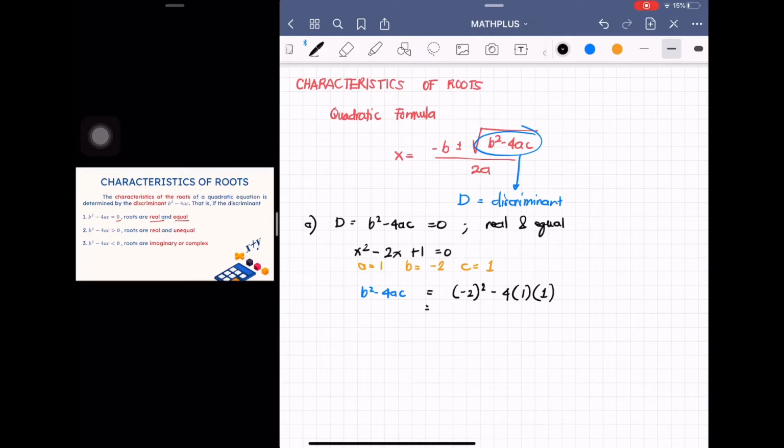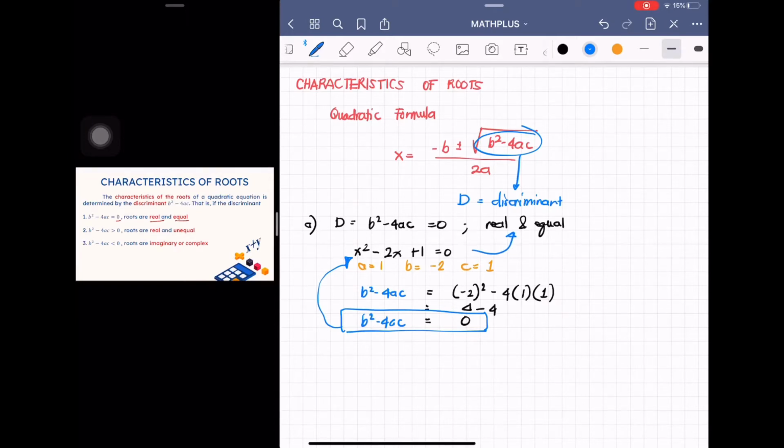That's 4 minus 4, which becomes 0. So your b squared minus 4ac is 0. That means this equation will create real and equal roots.